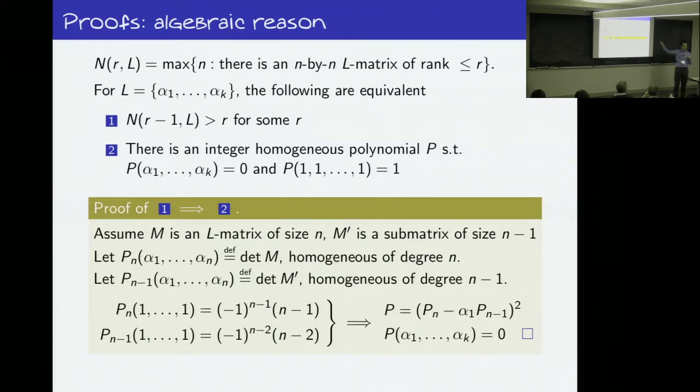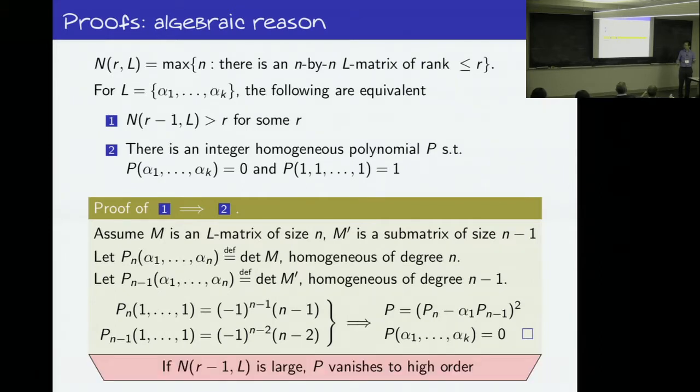When we assume that our matrix not just has nullity 2, but has quite large nullity, much larger than its rank, we can do the same thing. What you're going to get is that these polynomials won't just vanish at this point alpha 1, alpha k. They'll vanish to high order.